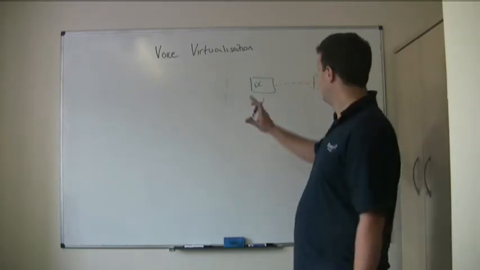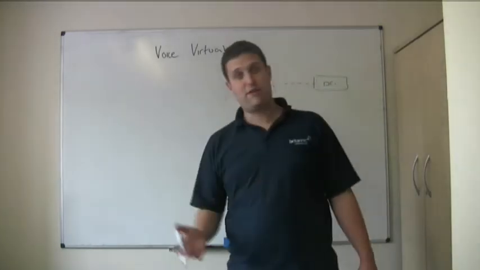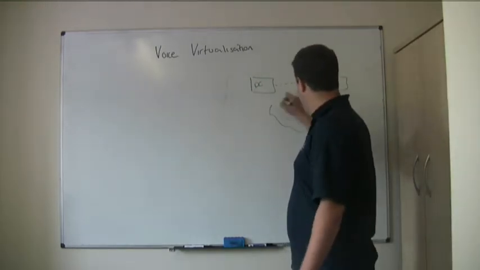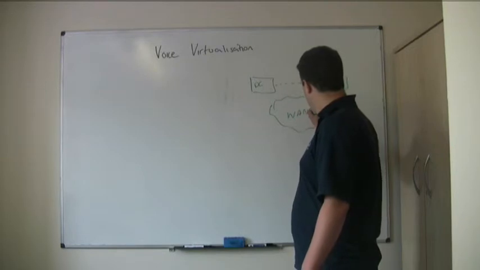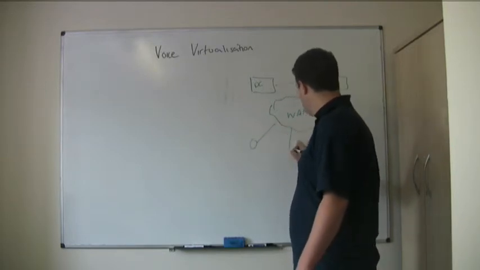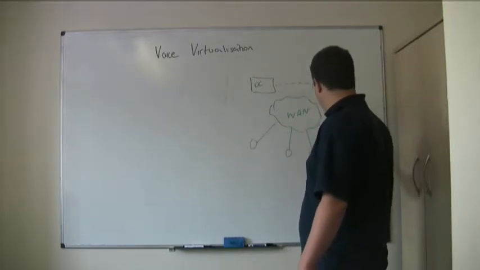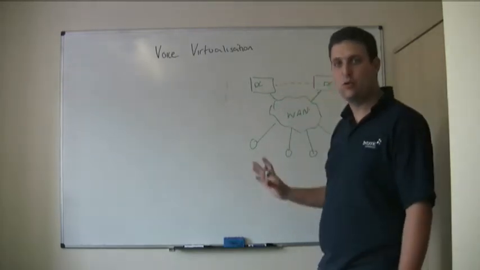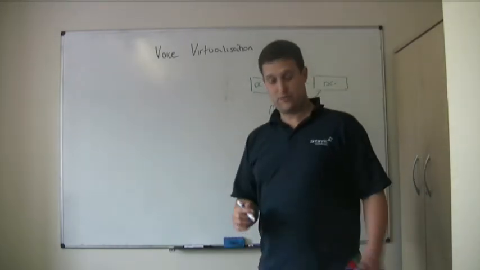So in this environment, a typical VMware or a Zen environment will be running from this data center, and there will be some sort of WAN, and then the sites are hanging off the wide area network. That very much is a typical enterprise deployment.